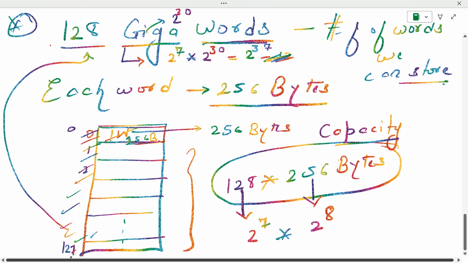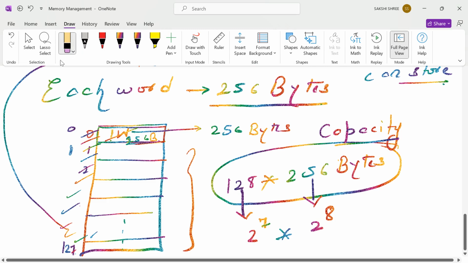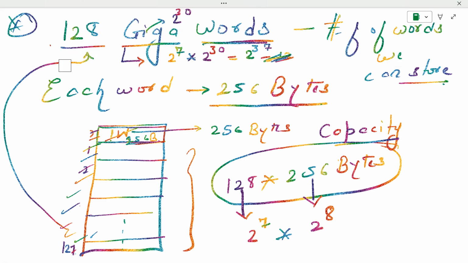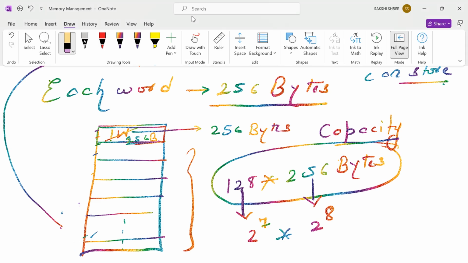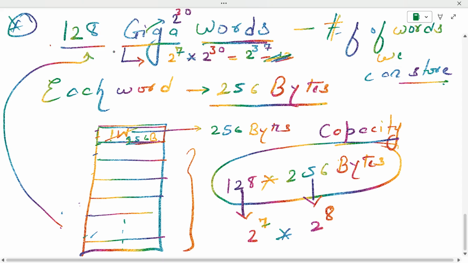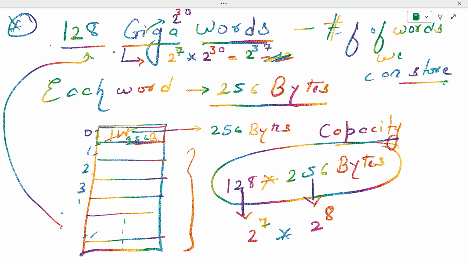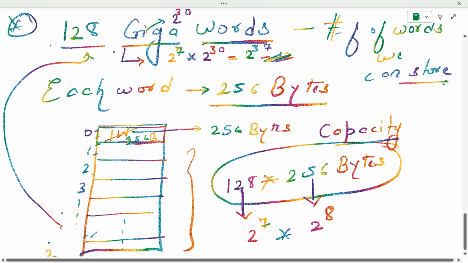So it is 0, 1, 2, 3, and so on up to 2 raised to the power 37 minus 1.